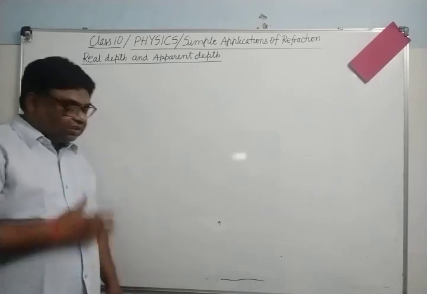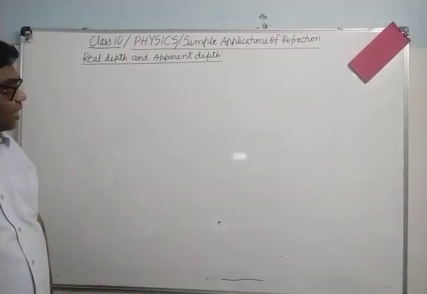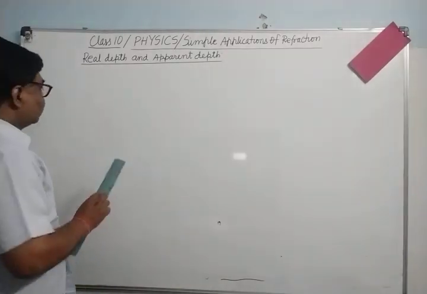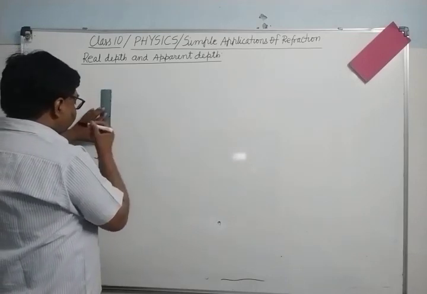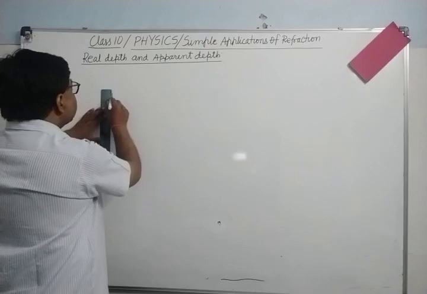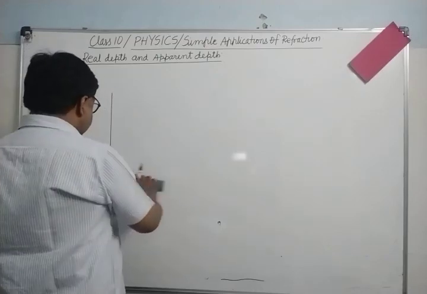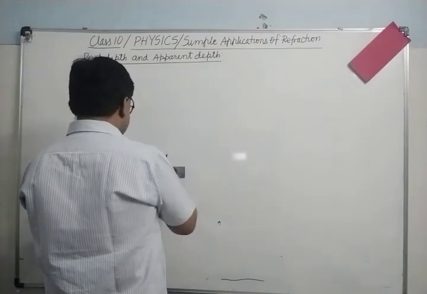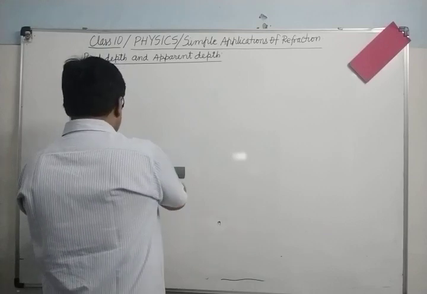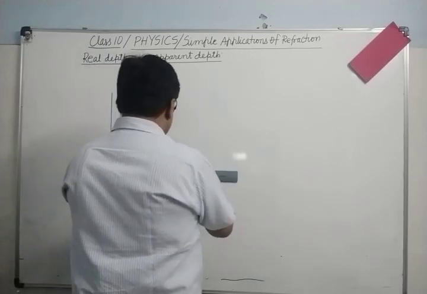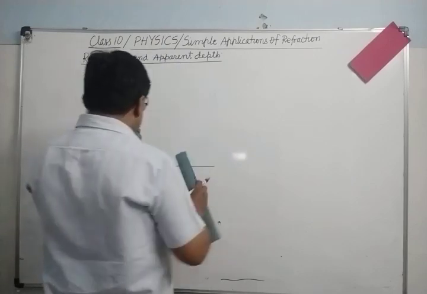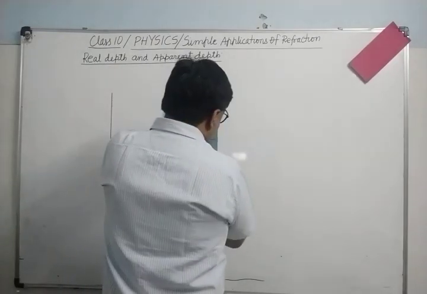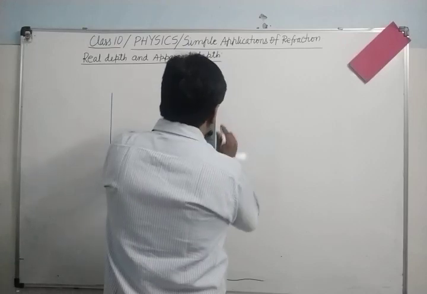So we will study by a diagram how it occurs. See here, suppose this is a beaker containing some amount of water.